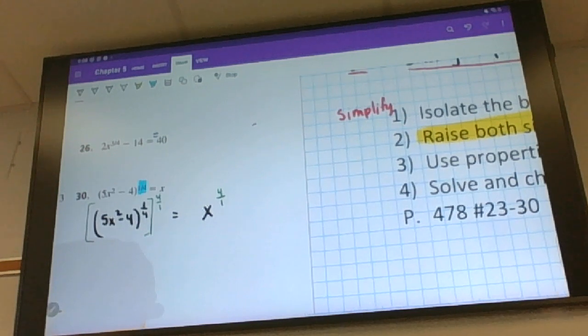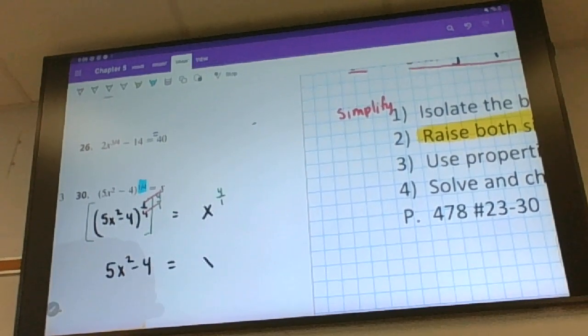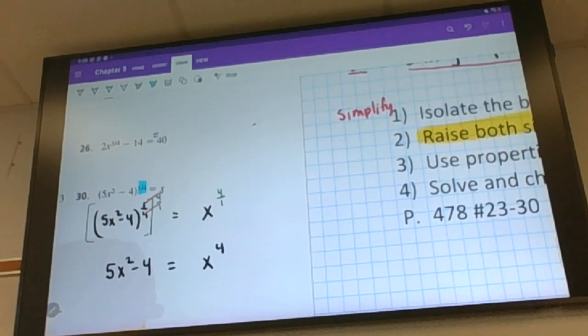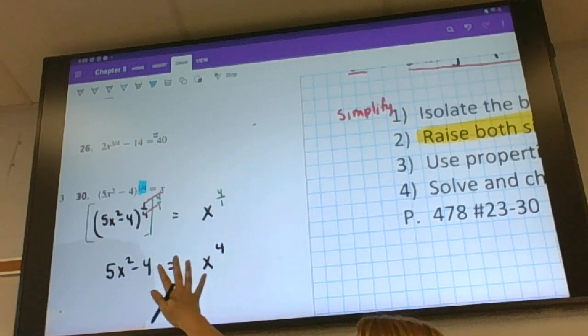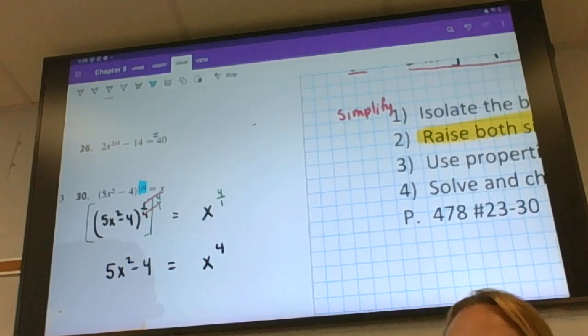This will now be to the first power, which means it's totally canceled. So this is 5x squared minus 4 equals x to the 4th. Now this is a 4th degree polynomial. We're going to solve it just like it's a quadratic. We'll factor it like quadratic form. So I'm going to subtract these over here, make this side 0 so I can try factoring it.